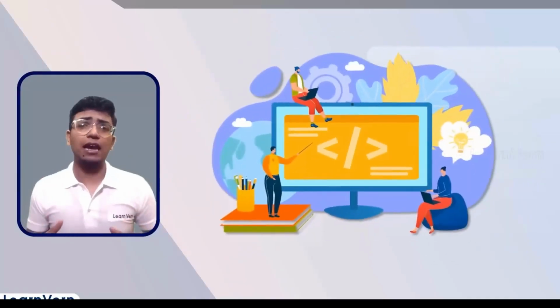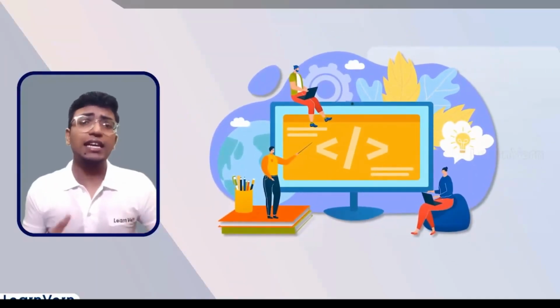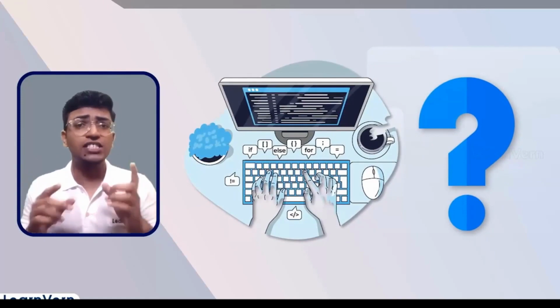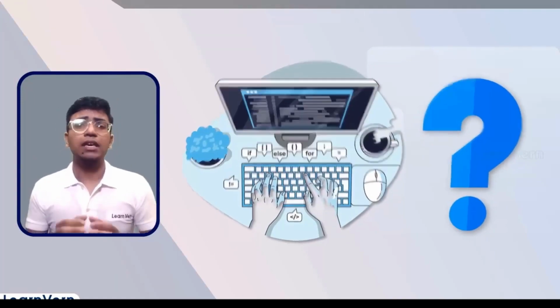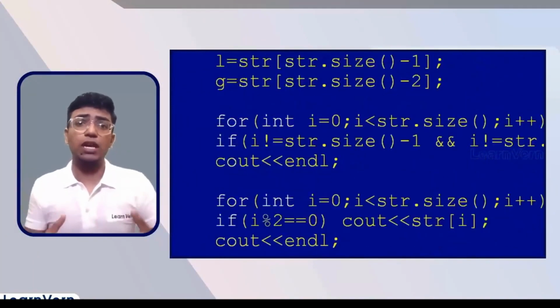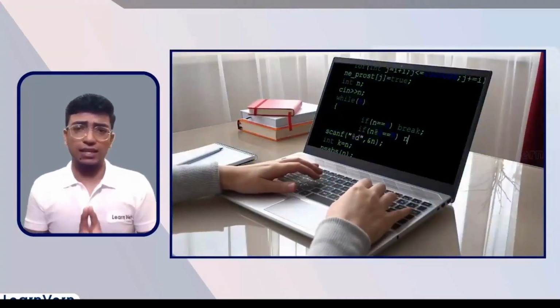Before understanding the C programming language, before understanding how it is written and what things we can make with it, it is very important for us to know what a program is. After that, it is also very important to know how programming is done.